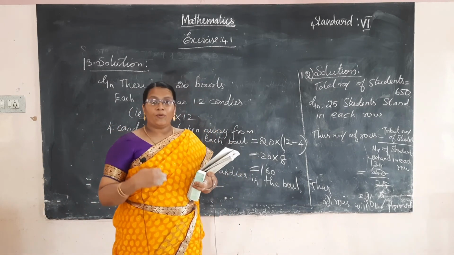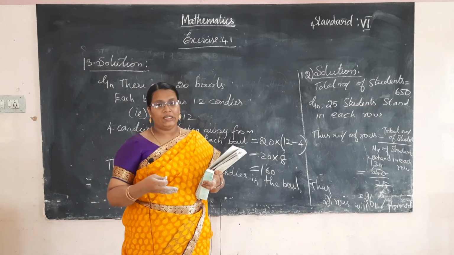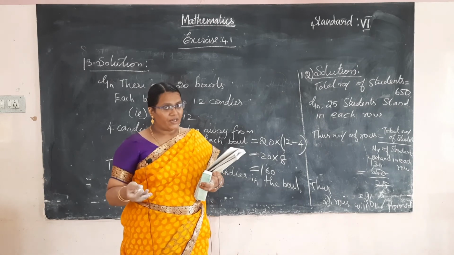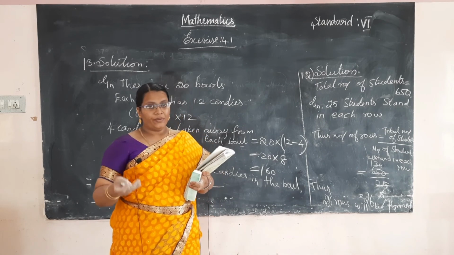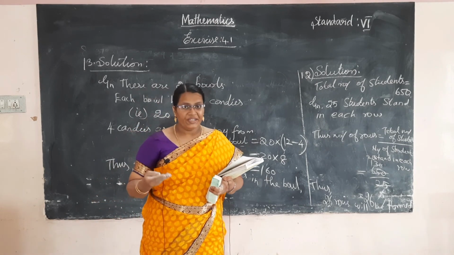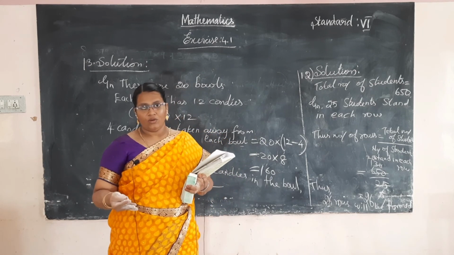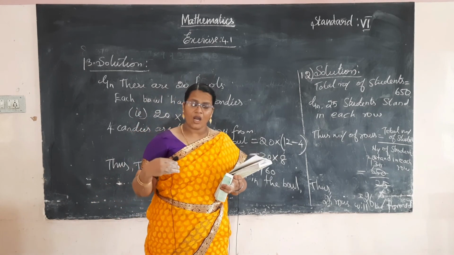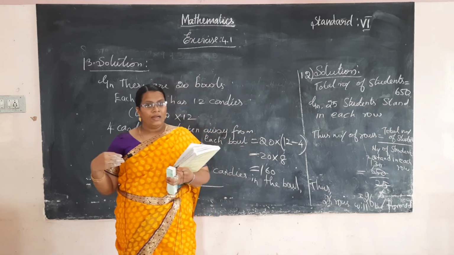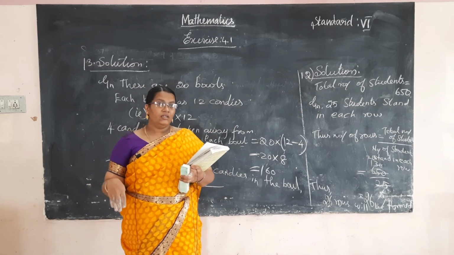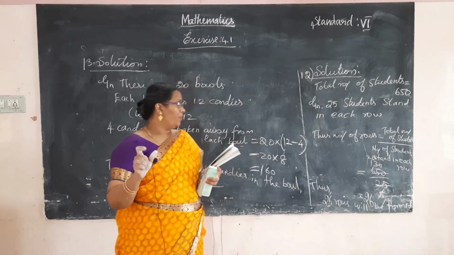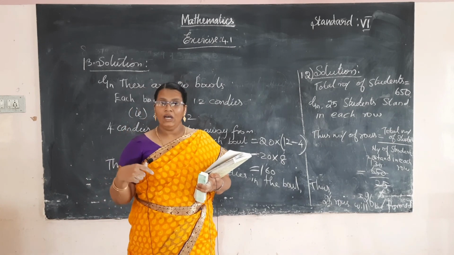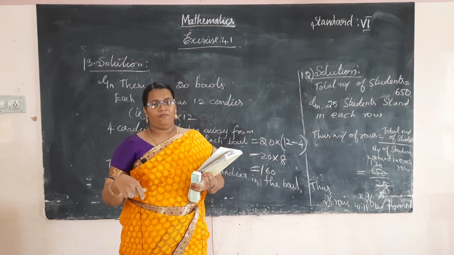And then properties of whole numbers we have learned: closure, commutative, associative, identity, properties of 0. And how to represent whole numbers on a number line, and the distributive property over addition and over subtraction.